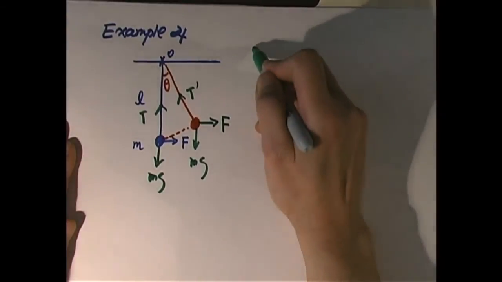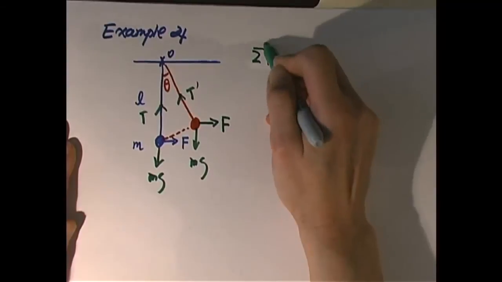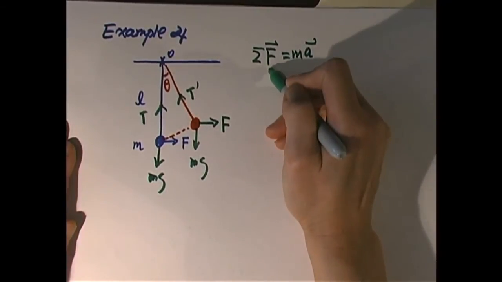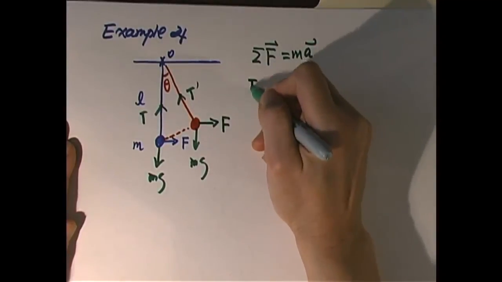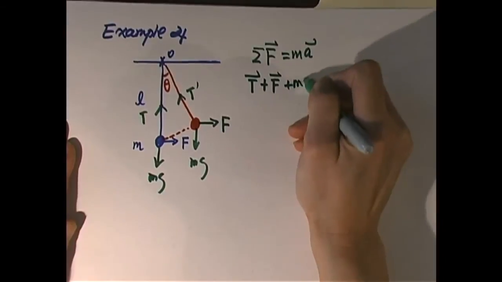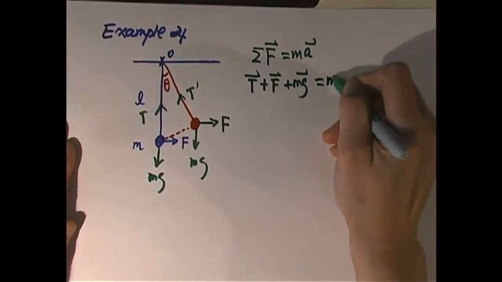So if we use the technique from before, sigma F equals ma, the problem is that when we do the sigma, which means we add this plus that plus this, the vector sum equals ma.